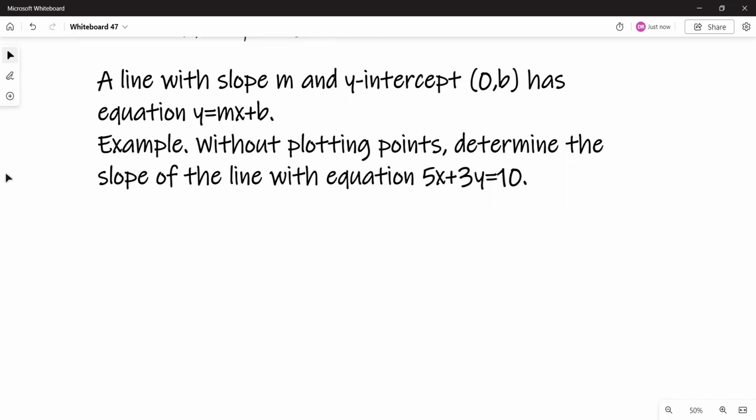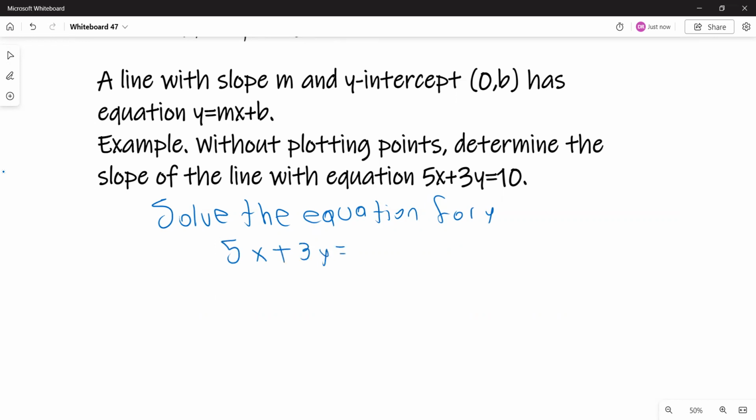Okay, so we're not going to plot any points and then use the slope formula. All we're going to do is solve for y. So solve the equation for y. I have 5x plus 3y equals 10. So solving for y, subtract 5x from both sides. And then divide everything by 3.